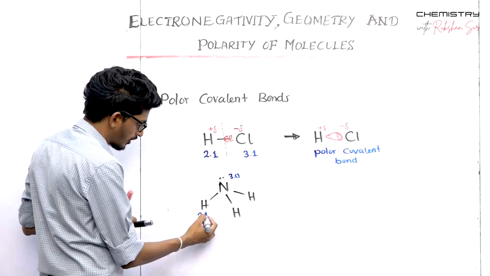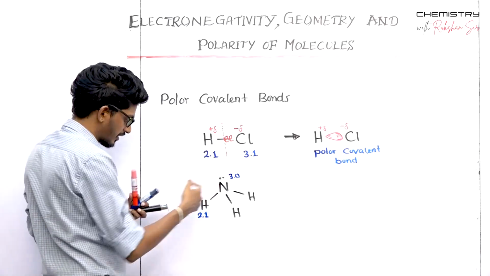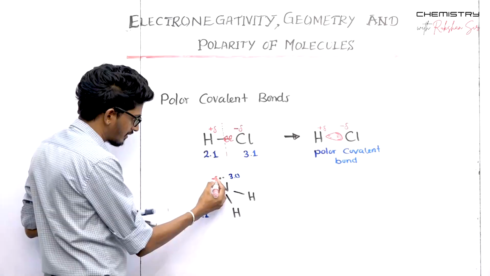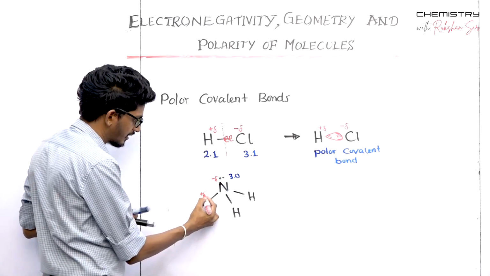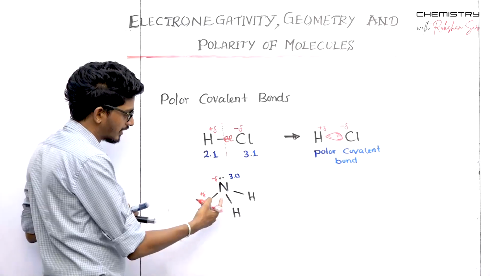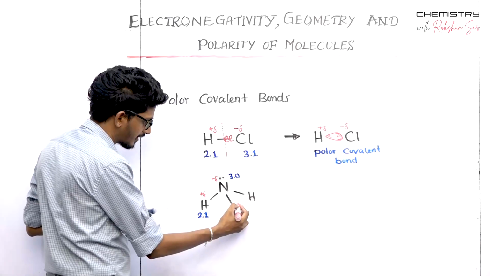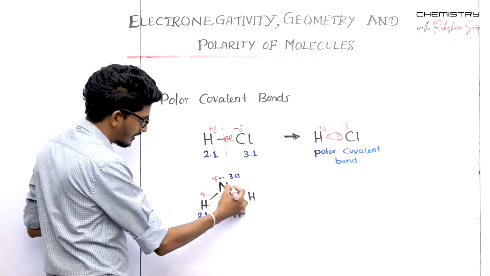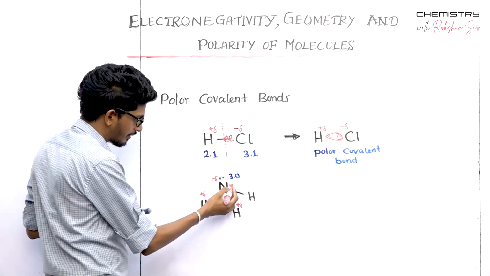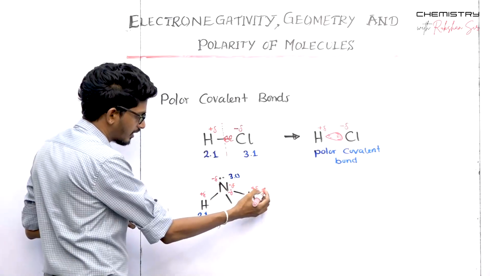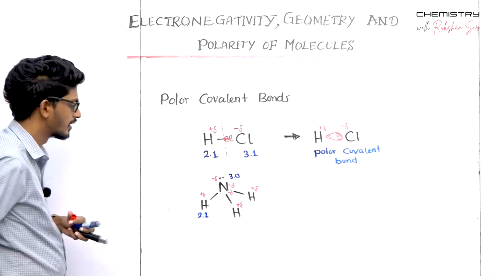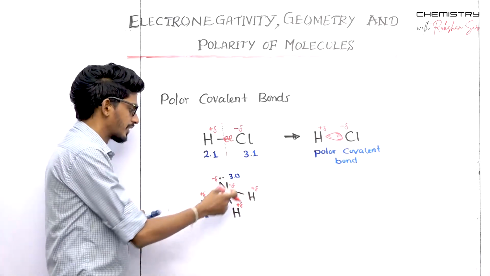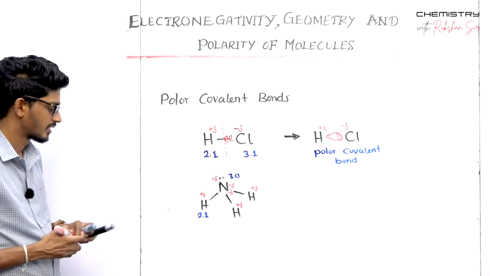So the electron pairs are greatly attracted towards the nitrogen, so nitrogen comes up with a slightly negative charge and hydrogen with a slightly positive charge. You can denote the polarity of these bonds with these deltas: nitrogen carries a negative delta and hydrogen a positive delta.